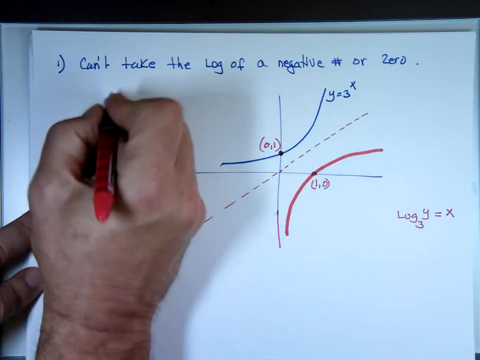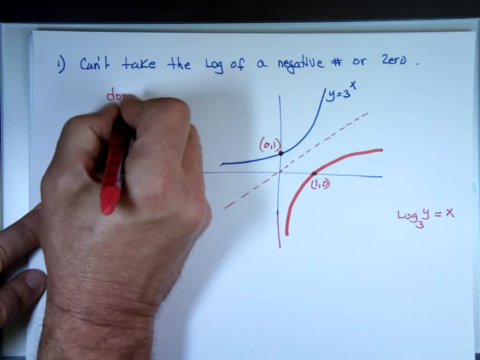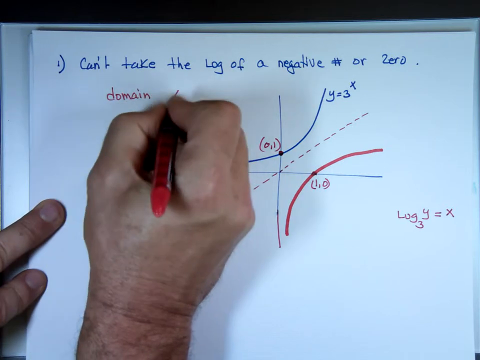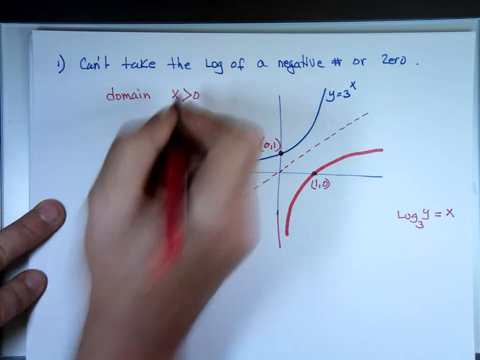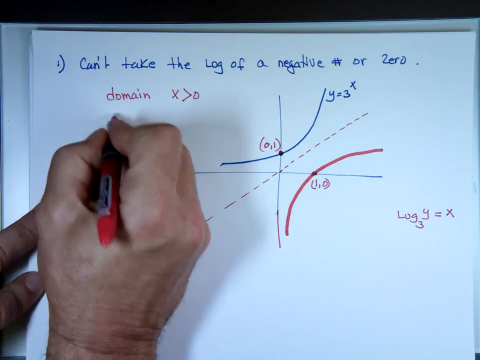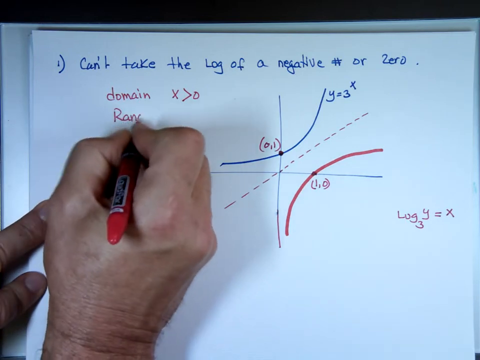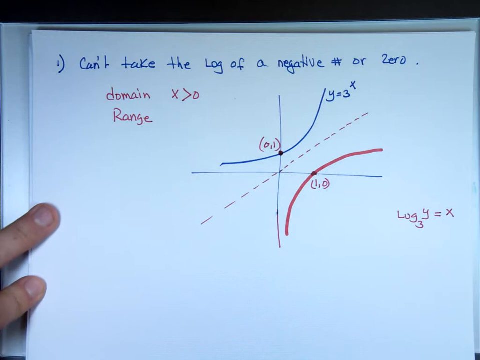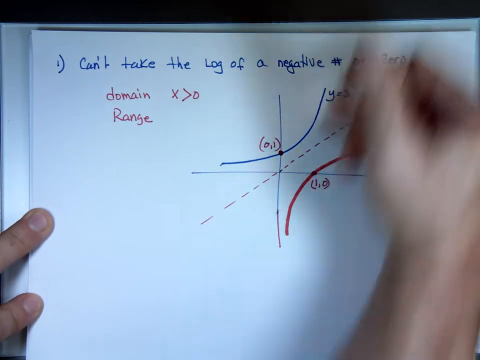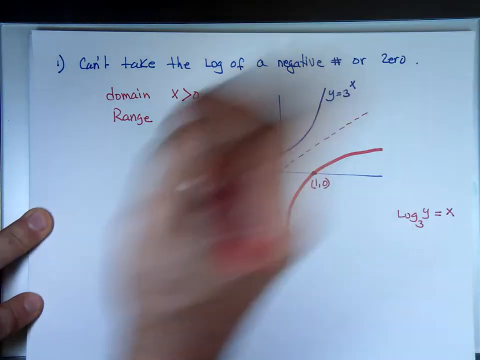So my domain for this function is x is greater than 0. And what is my range? My range is the y value. Where's the y value going? From down here all the way to up there. All real numbers.